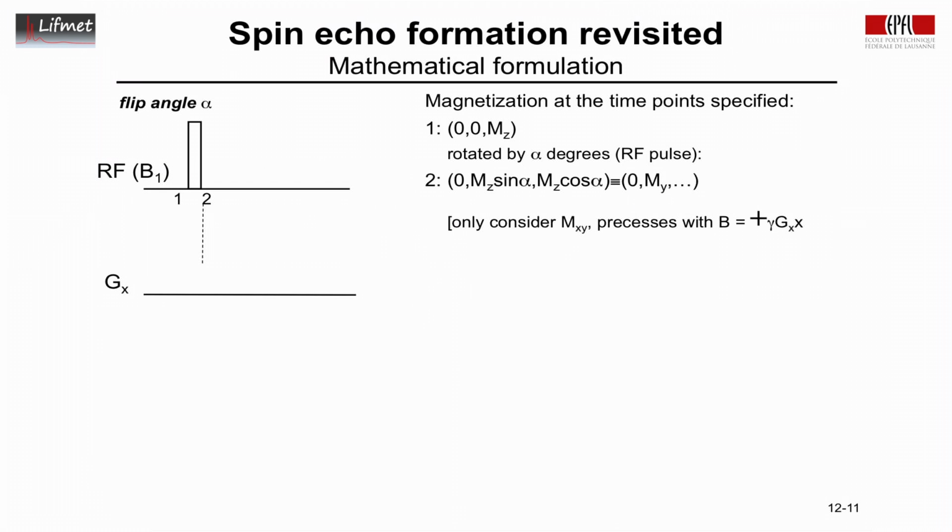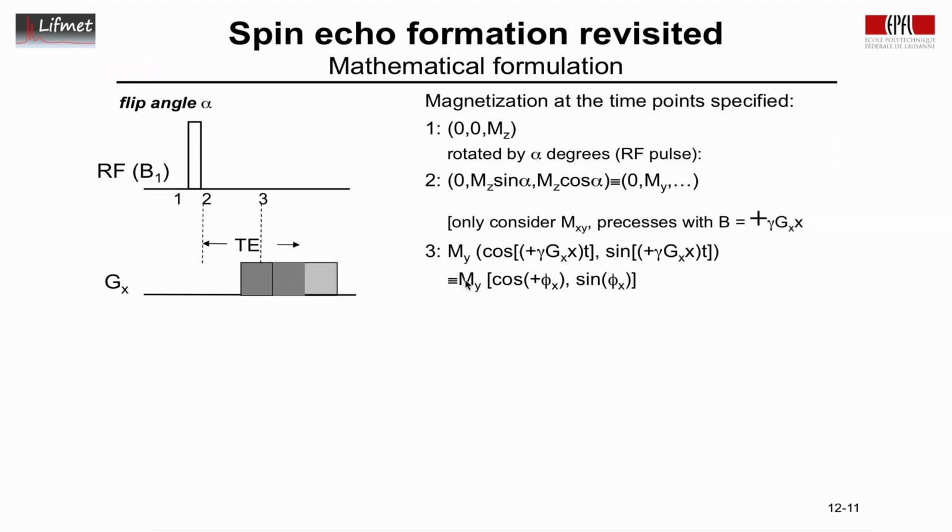And now we'll look at just the magnetization in the transverse plane, which precesses now with a magnetic field that's given by gamma gx times x. So here's our gradient, gx. We have the echo time Te. We'll look at time number 3. At time number 3, we have now a precession of the magnetization. So the x component increases with cosine, the y component with sine, or vice versa. And so we have expressed it here that the my component is given by the cosine of phi x and sine phi x.